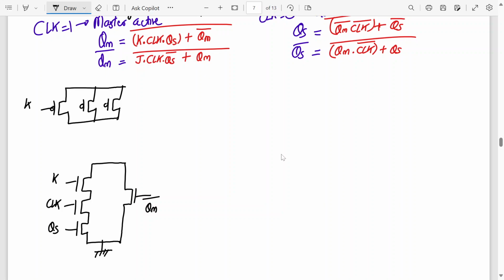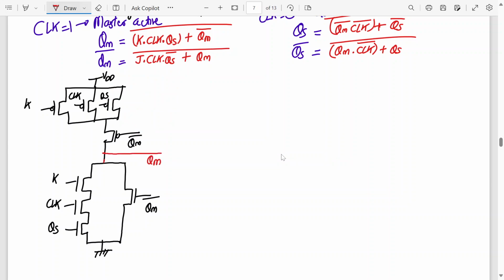So inputs are K, clock, QS, this is VDD, they will be in series with this, which is also QM bar. So this QM and this QM bar are one and the same. Agree? Now what is the output? Output is QM.